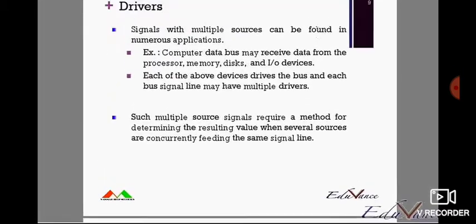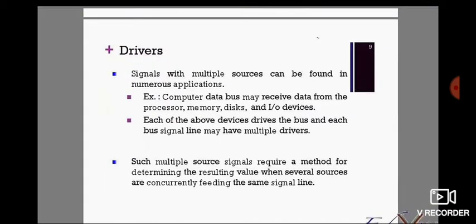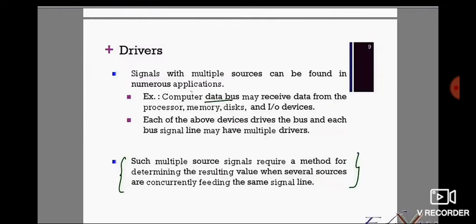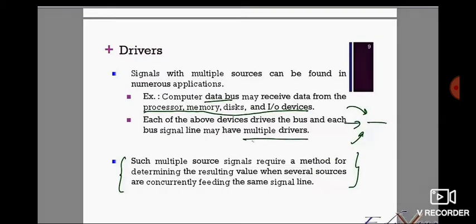Before that, let me just quickly highlight this issue. We know that signals with multiple sources can be found in numerous applications, like the computer data bus. The data on the computer, you will receive from multiple sources. So the same data bus can have different sources, and they could have multiple drivers.